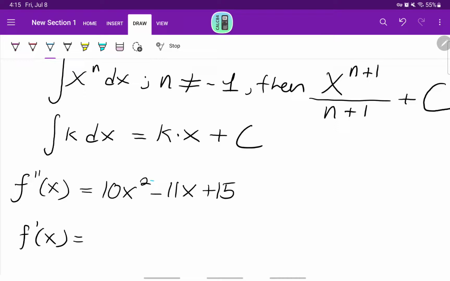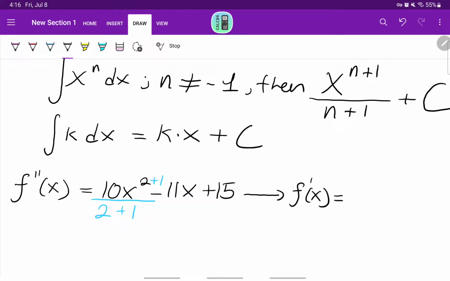We're going to add 1 to the exponent here, and then we're going to divide that by 2 plus 1. Let's make some more room down here. As a matter of fact, let's go over here. So when we do that, that's going to be 10x to the third power over 3.